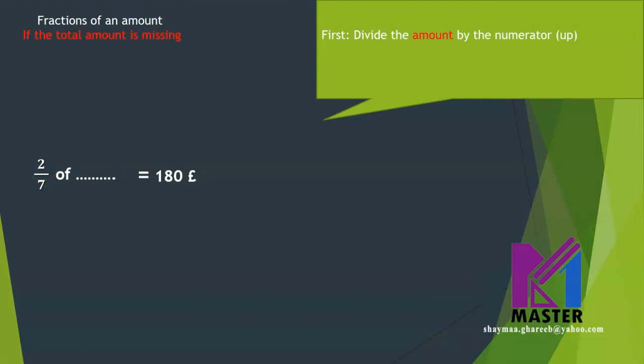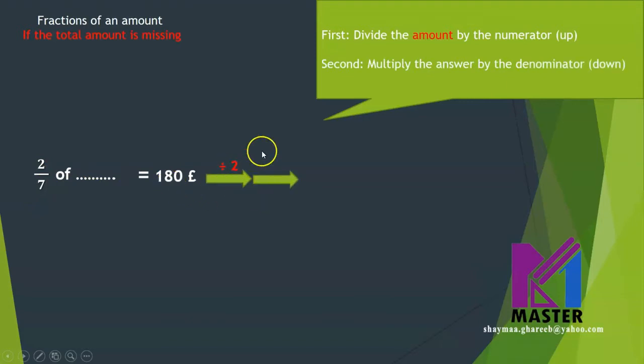To get the value of only one part. So I'm going to divide the 180 by the number up. Then I will multiply by the number down to get the value of the total parts. Okay, so 180 divided by 2, then multiply by 7.